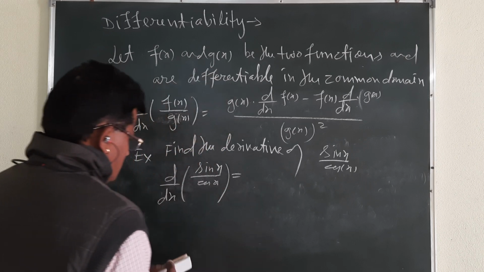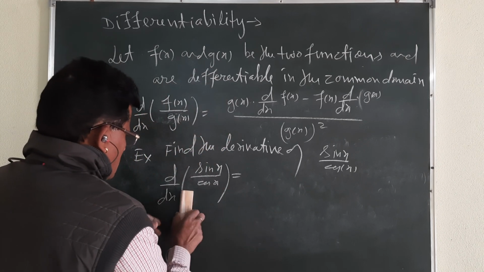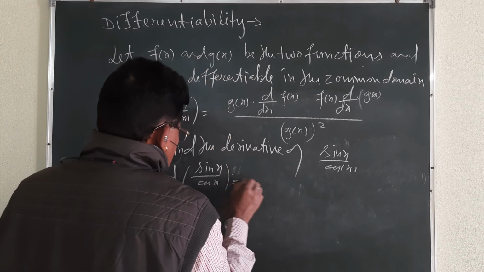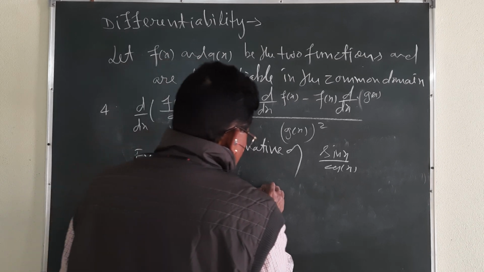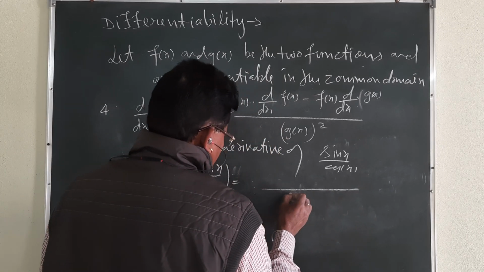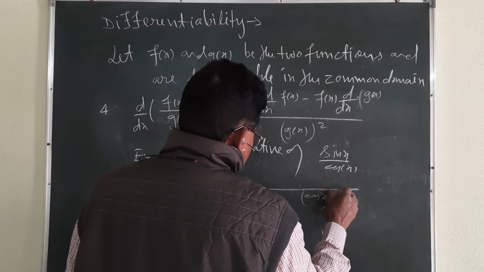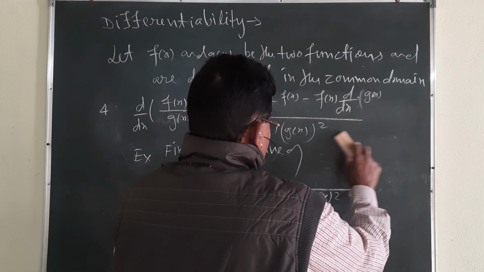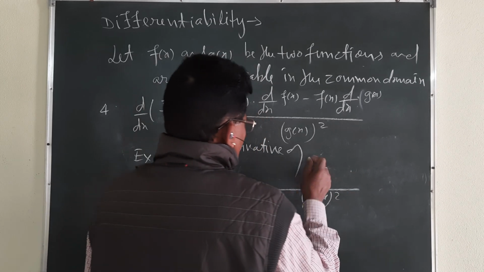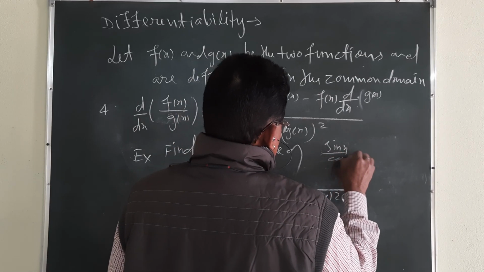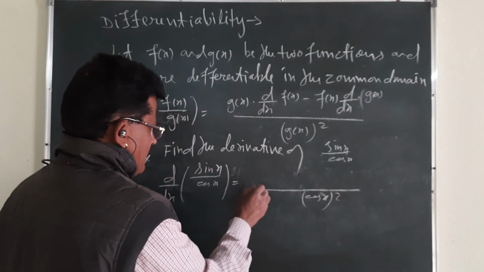As I told you just before, the function which is given in the denominator, you get its square, cos square x. I am just going to write it here because there is a small space, sin x upon cos x, so that you will write it easily.